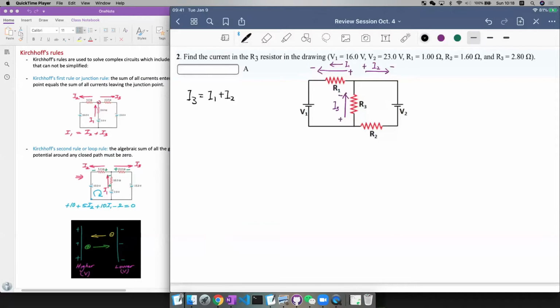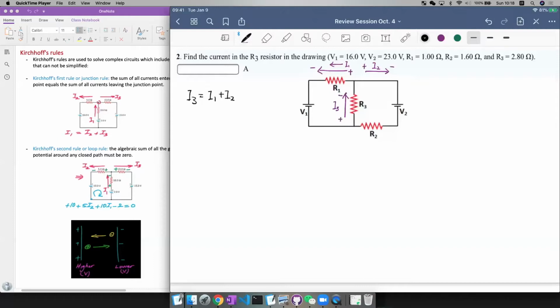That's a question. Okay. So could you have also said I1 equals I2 plus I3, or no? You mean based on my setting? Yeah, like the equation you just said, I3 equals I1 plus I2. Could it have also been I1 equals I2 plus I3?